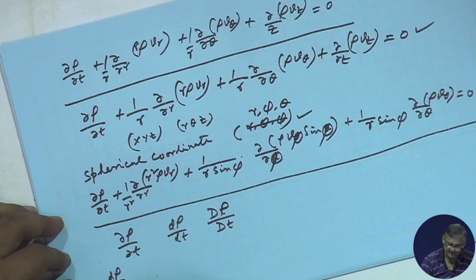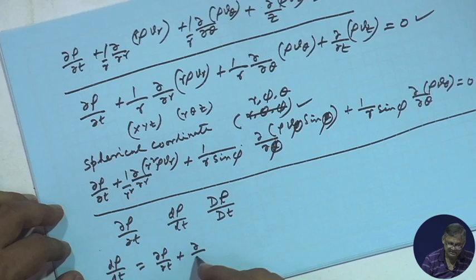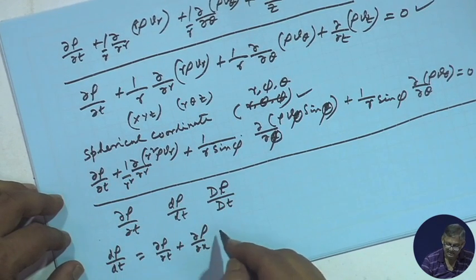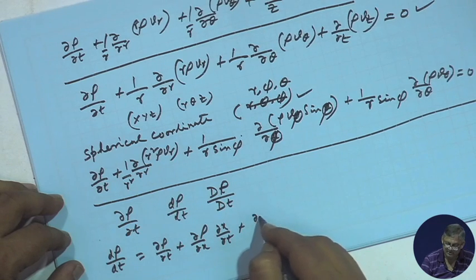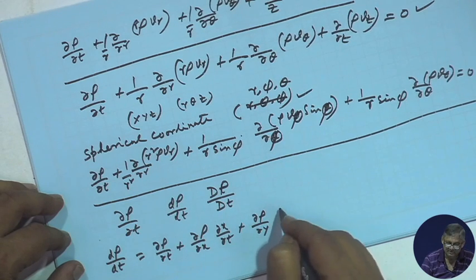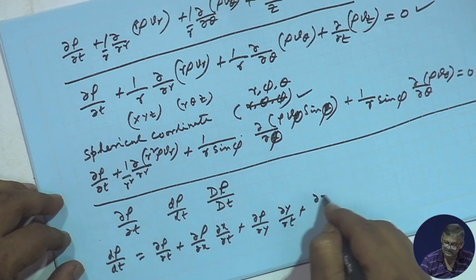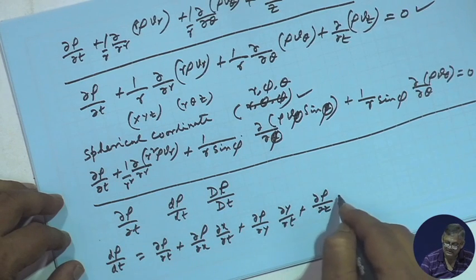So, d rho dt we had shown that this was del rho del t, right, plus del rho del x into del x del t plus del rho del y into del y del t plus del rho del z into del z del t.